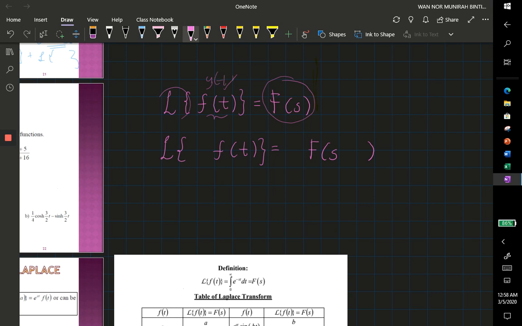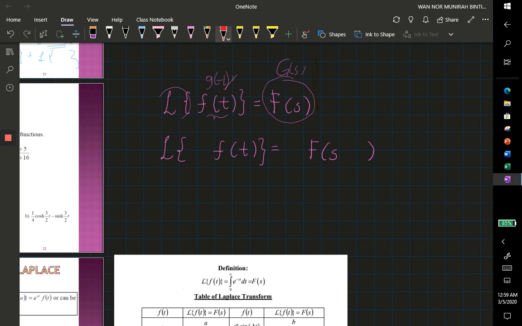You take the Laplace transform of g(t), and your equivalent function in the s domain would be G(s). The function in s will follow the name of your function in t. So that is a simple definition.